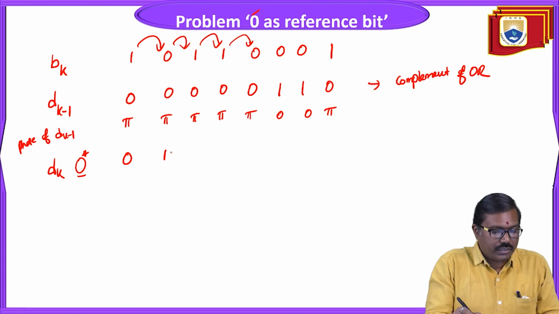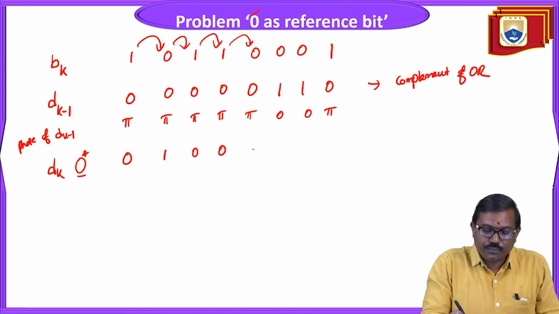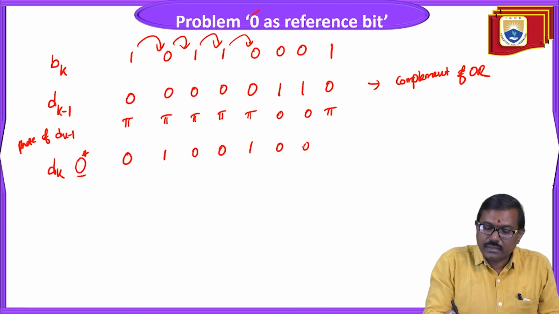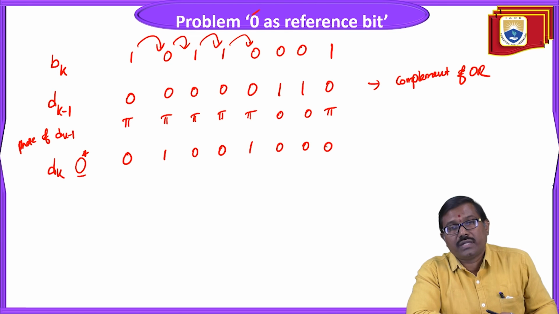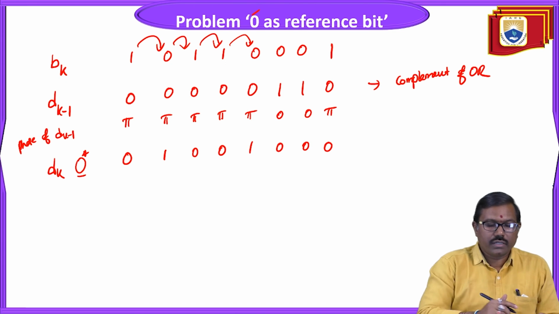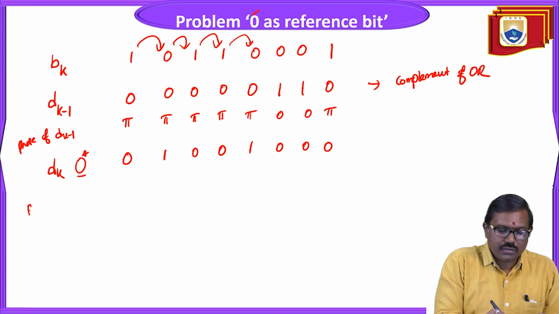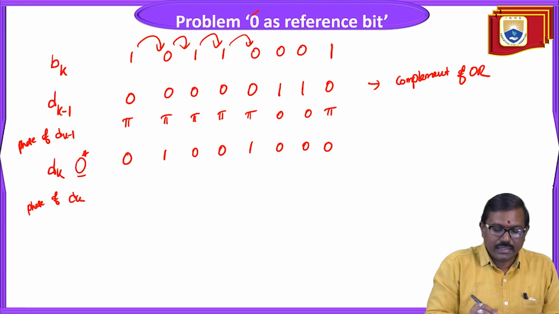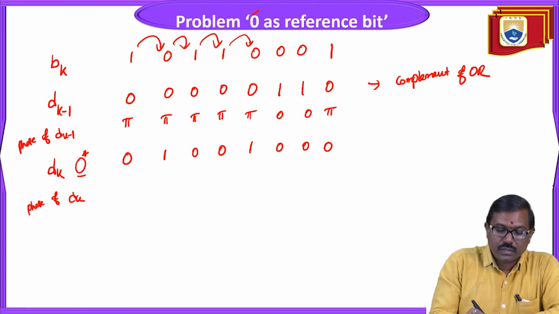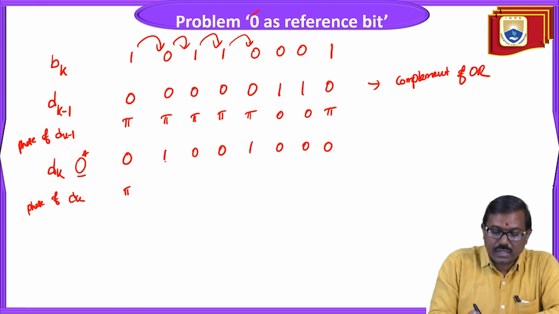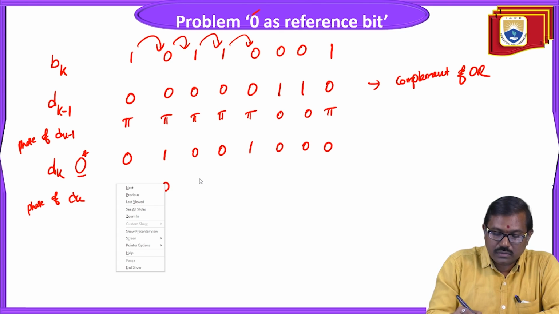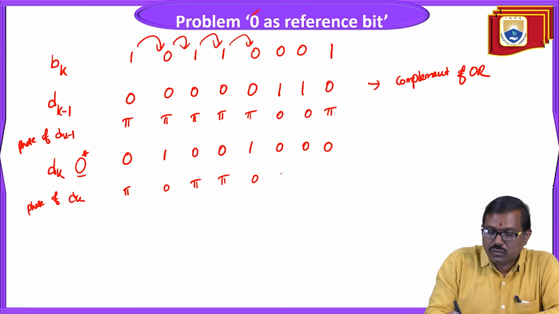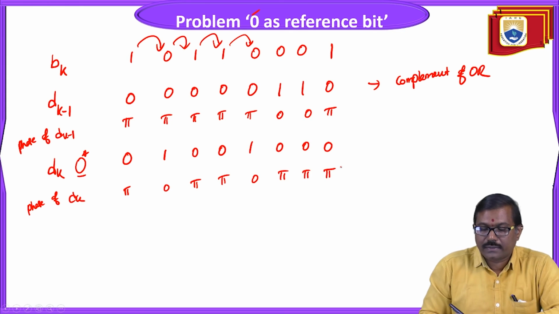By using that we generated 0 1 0 0 1 again 0 0 0, similar to the 1 reference bit. Here also we take the phase of DK. For 0, again pi, and for 1 no change, and again 0 pi, and pi 0 pi pi pi again.